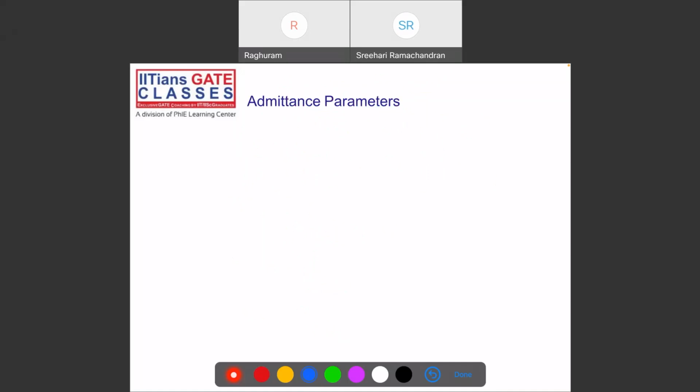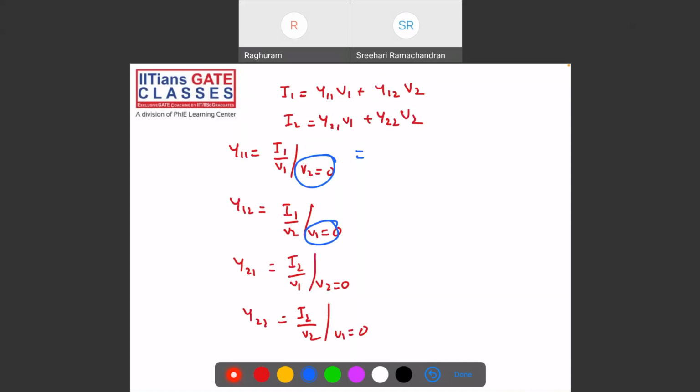Now let's define this Y11. What do you call Y11? Z11 is called open circuit input impedance. Now this is called short circuit input admittance. These two are called short circuit transfer admittance.